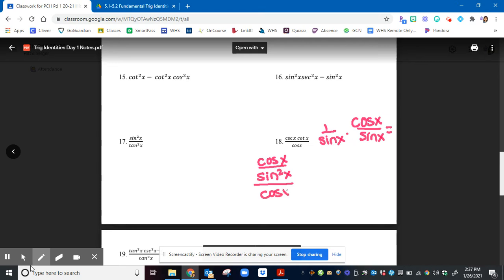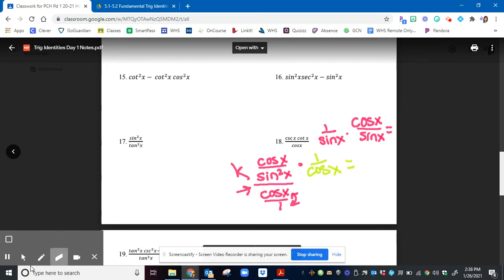Now remember, cosine is over top of 1, so I have a fraction over top of a fraction. So to make my life simpler, we're going to keep the numerator, change this fraction bar to multiplication, and then flip or rearrange my denominator, which is now going to turn into 1 over cosine x.